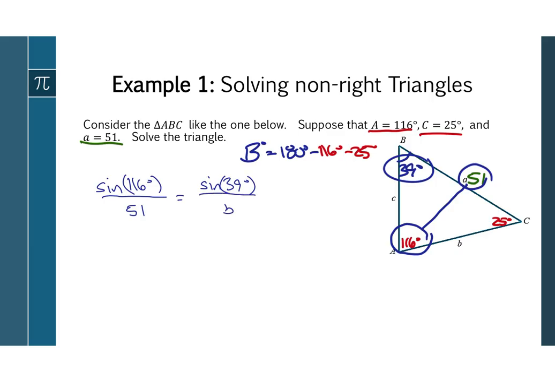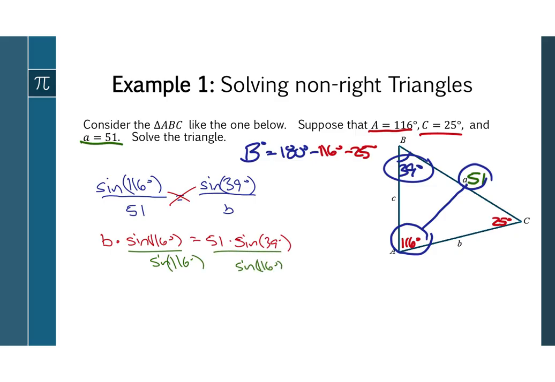Now, we can just cross multiply. That's what we usually do, and people like to do it that way. So it's b times the sine of 116 degrees is equal to 51 times the sine of that 39 degrees. Now, we just have to divide both sides by the sine of 116 degrees.